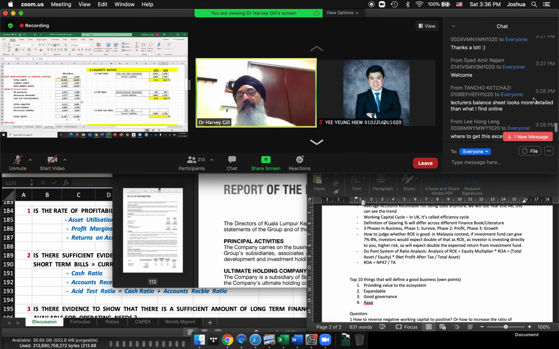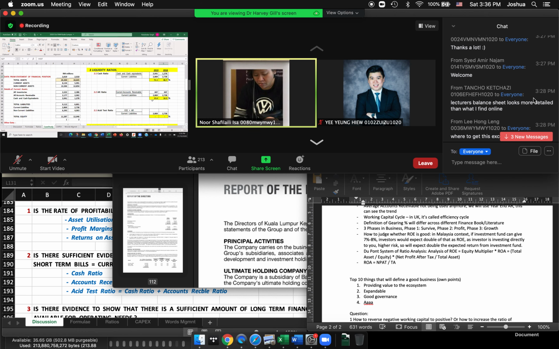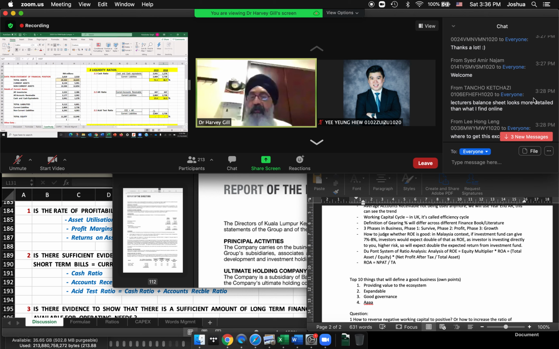So cash ratio. This company also has a lot of cash. Yeah? Last year 46%, this year 71%. Yeah, the accounts receivable ratio is small. So overall, what is the story? Let's see.